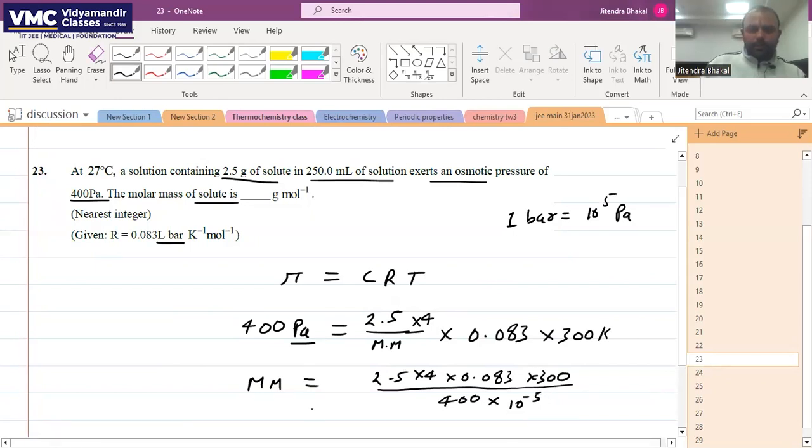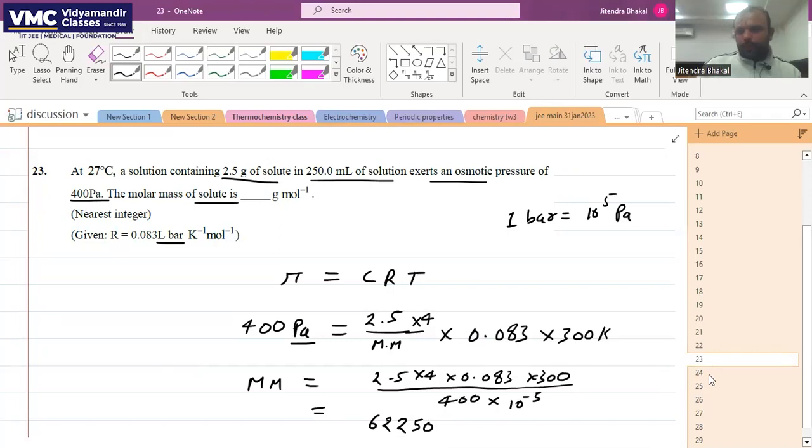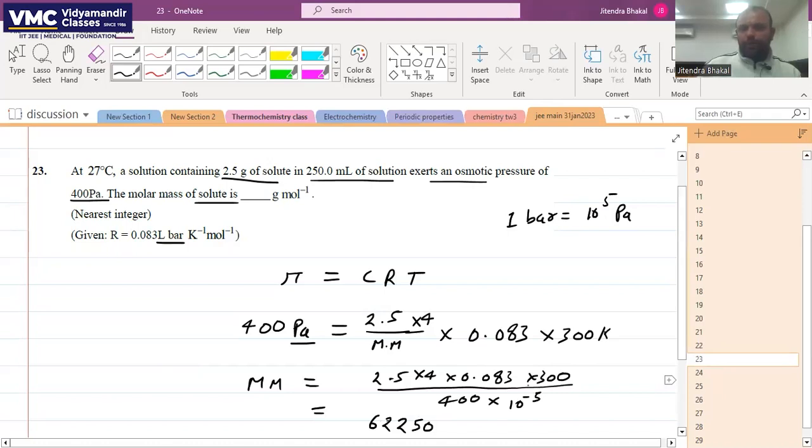So the molar mass of this compound, on calculation we'll get 62,250. This is the molar mass of the compound. This can be a polymer maybe, because molar mass of compound is too high. So this can be a polymer.